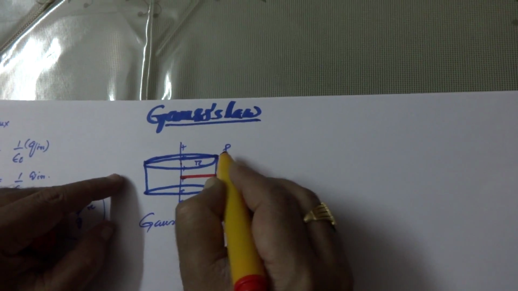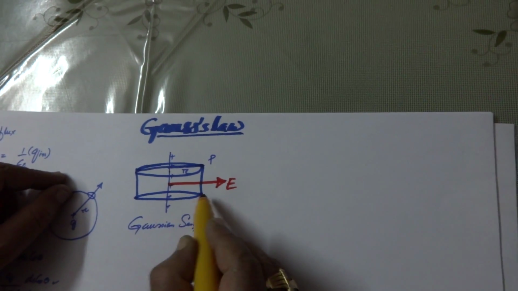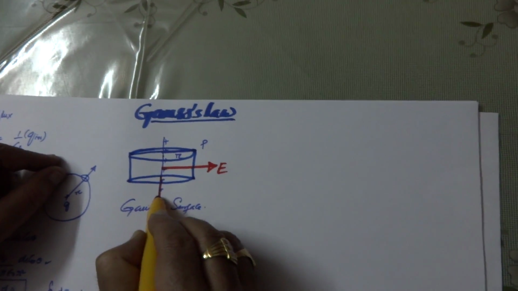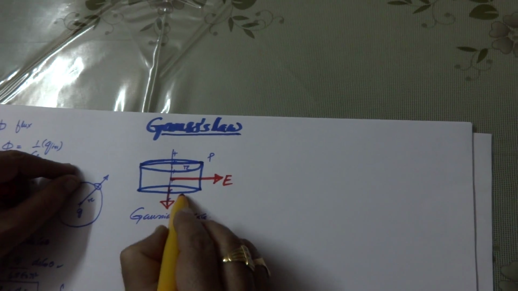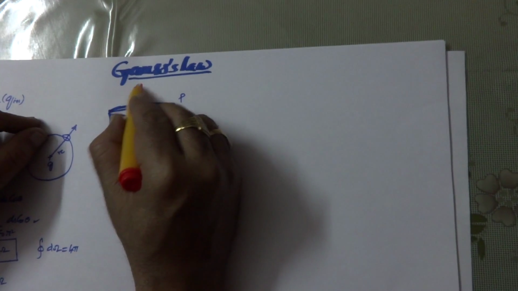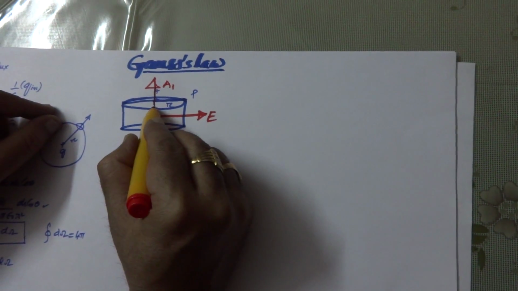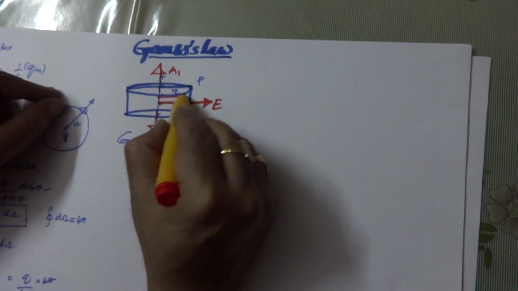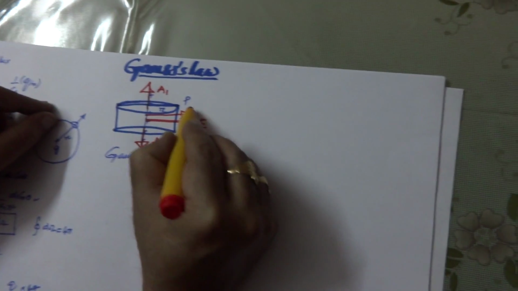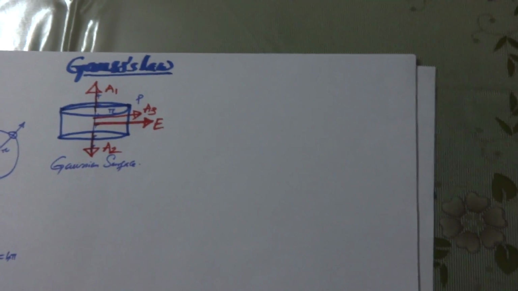One is the circular area at the top and bottom: this vector direction is A2 and this vector is A1, and the curved surface area is in the direction of E.